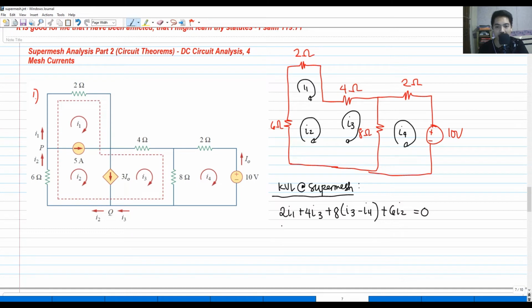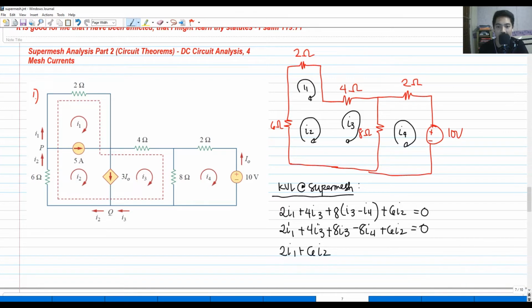So we are going to simplify. We have 2 I sub 1 plus 4 I sub 3 plus 8 I sub 3 minus 8 I sub 4. We only distributed the values. Plus 6 I sub 2 equals 0. So simplify. We have 2 I sub 1, plus 6 I sub 2. I'll be writing this I sub 1, I sub 2 in that order so that we will not be confused.